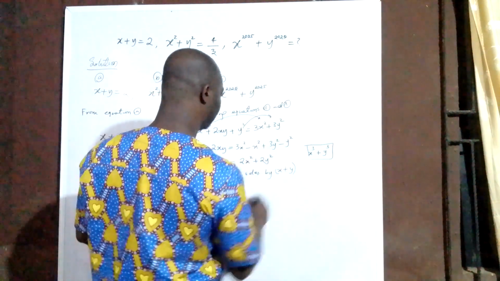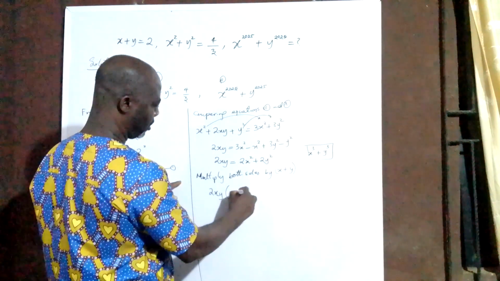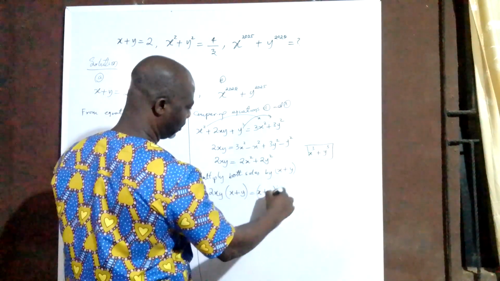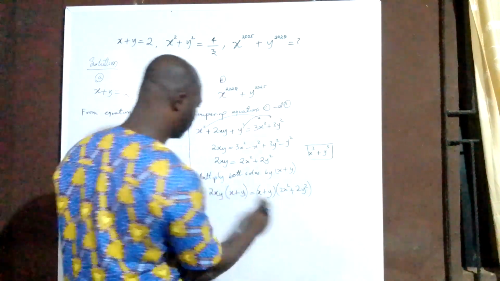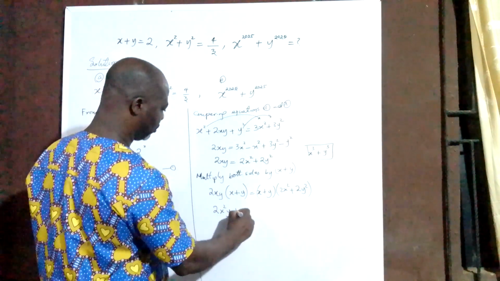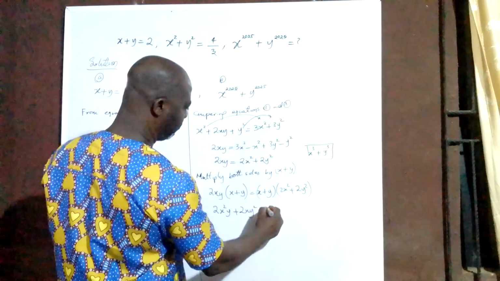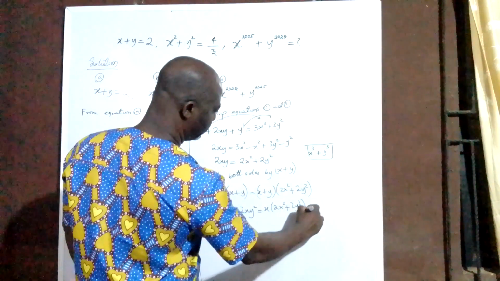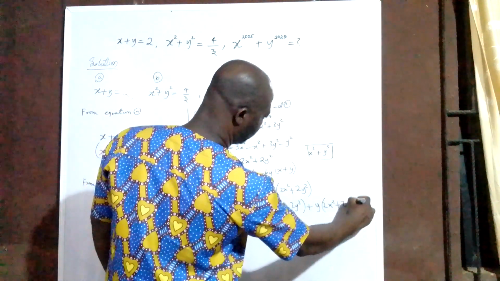So we have 2xy times (x plus y) equal to (x plus y) times (2x squared plus 2y squared). Once we open up the bracket, this gives us 2x squared y plus 2xy squared on the left, equal to x times (2x squared plus 2y squared) plus y times (2x squared plus 2y squared) on the right.